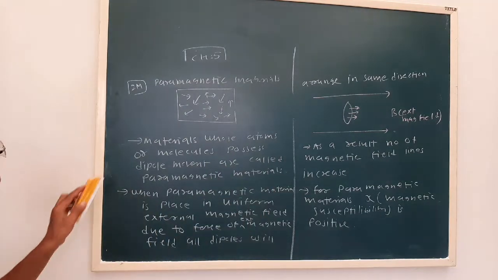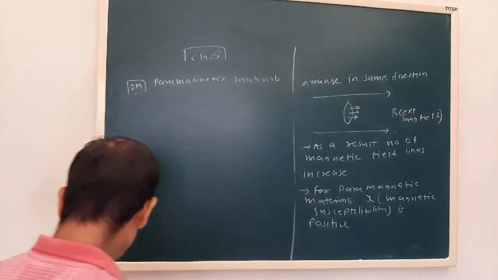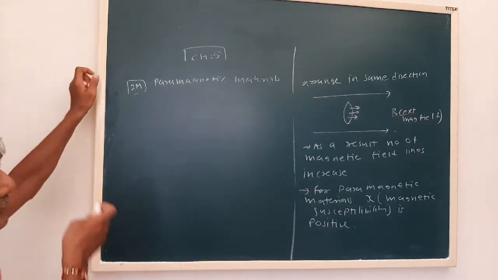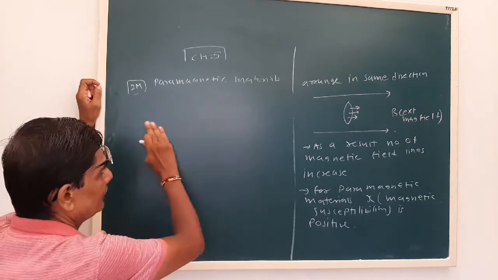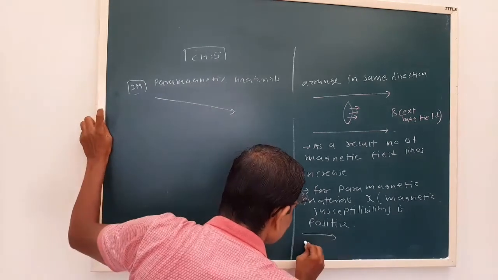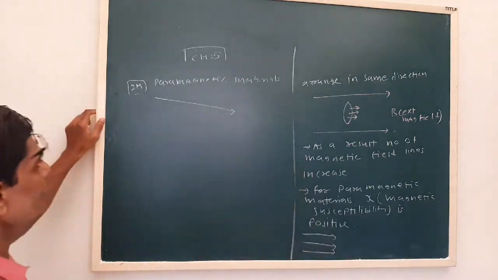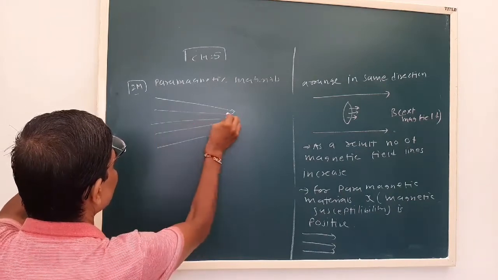Now see what happens when paramagnetic material is placed in a non-uniform external field. How do we represent uniform magnetic field? By parallel and equidistant lines. But the non-uniform field we can represent like this.